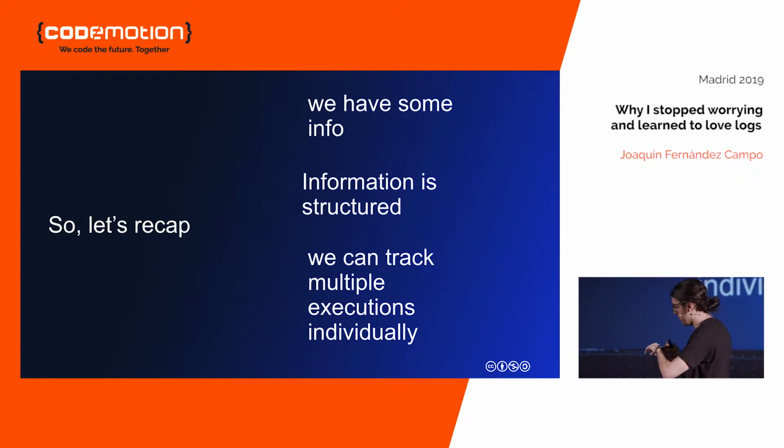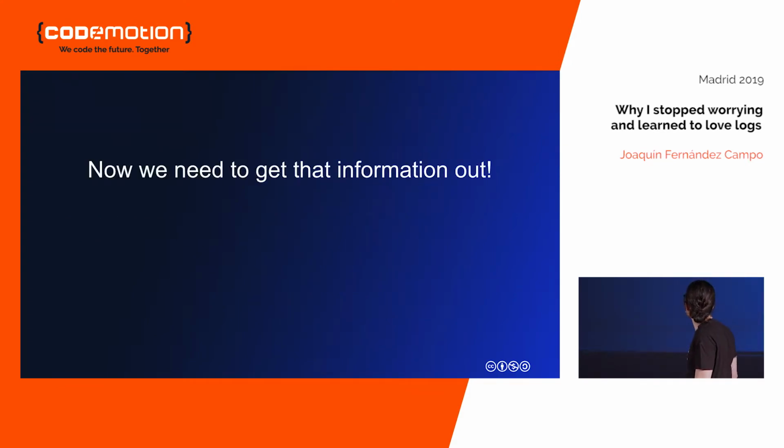So let's recap a little bit. We have information that is structured in nature now, and we managed to track multiple executions individually. The next thing we want to do is get that information out of your system.